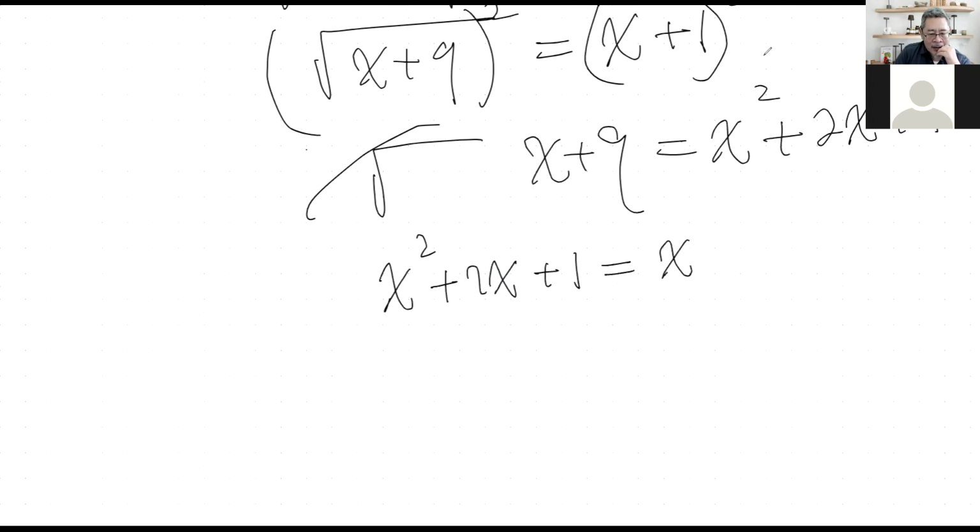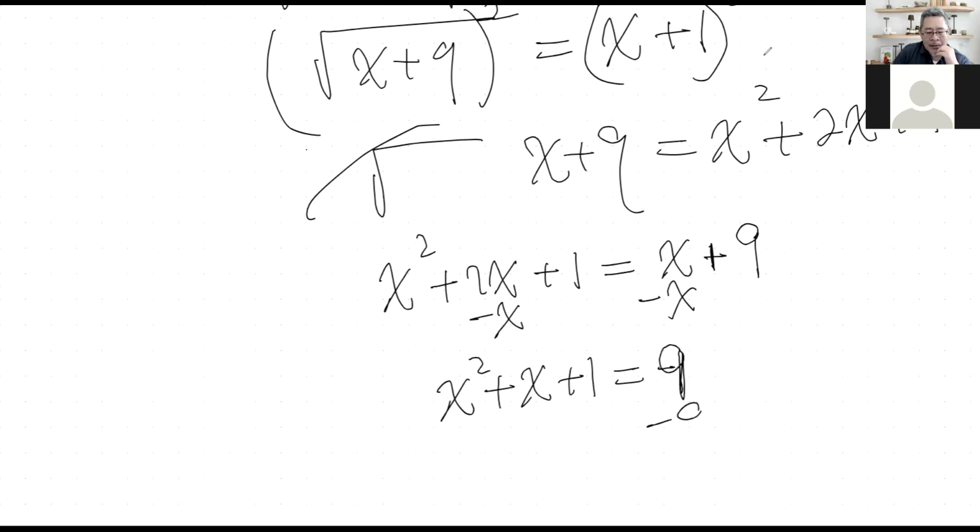Then we minus x on both sides. Then we got x squared plus x plus 1 equal to 9. Then minus 9 on both sides. Then we got x squared plus x minus 8 equal to 0. Good?